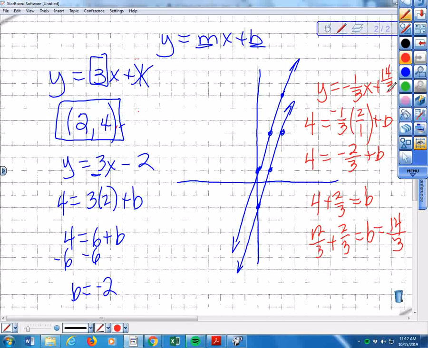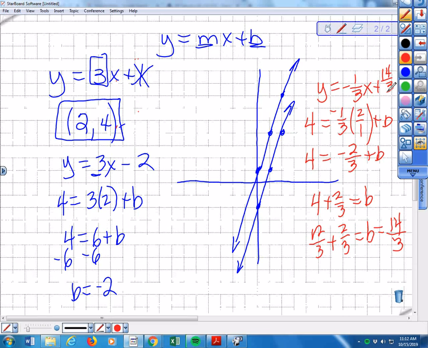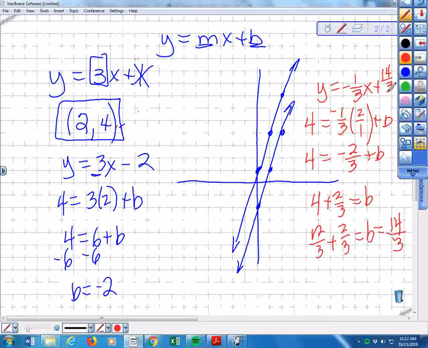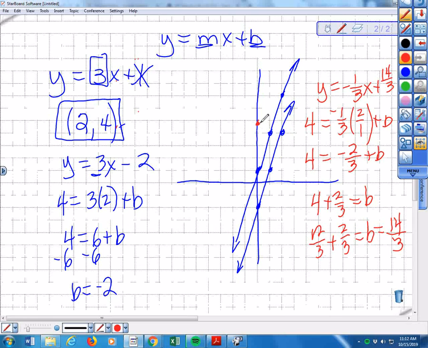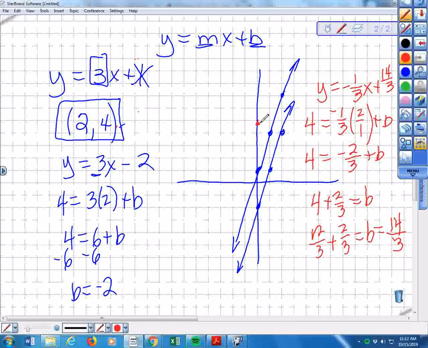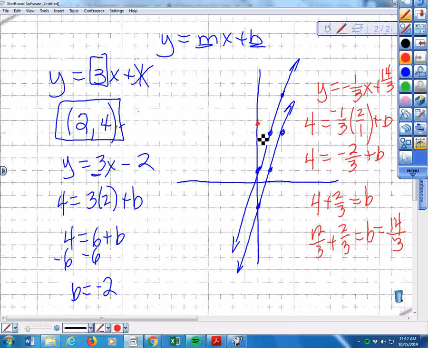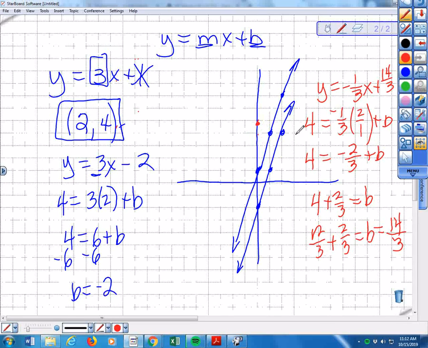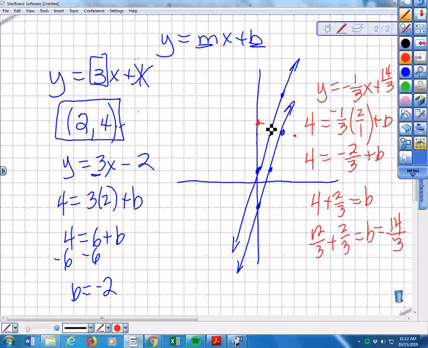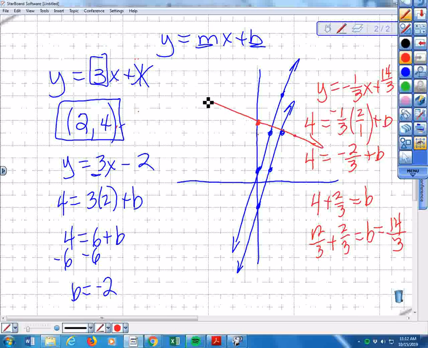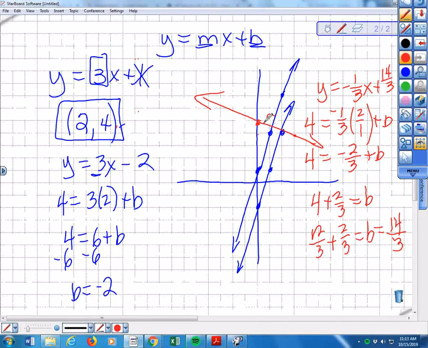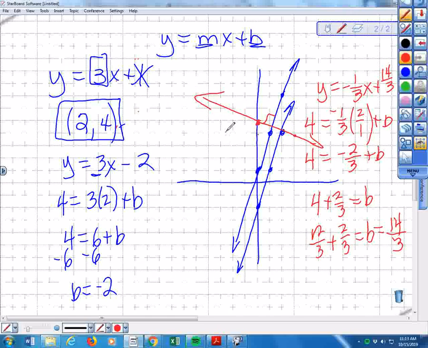If I were to graph this, I would start at 4 and 2/3, and then I would use the slope, down 1, over 3, connect them, and what I just found was the perpendicular line to my original that goes through the point 2, 4.